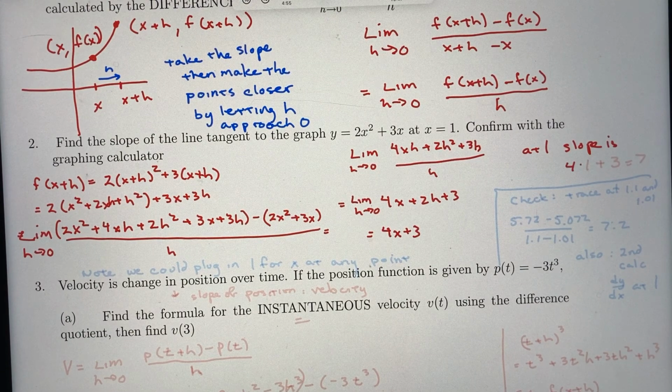How do you check this on the calculator? I'm going to put this in a box. I'm going to find two actual points that are close to each other. Let's trace it 1.1 and 1.01.